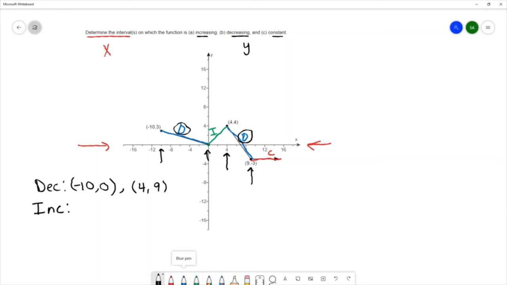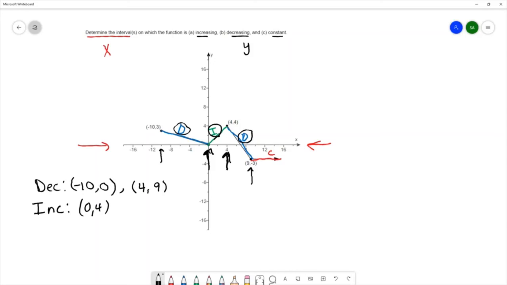And the increasing interval is right here, and we can see that that starts at an x of 0 and ends at an x of 4. Once again, our book uses parentheses on this, but pay attention to your book of whether to use parentheses or brackets.